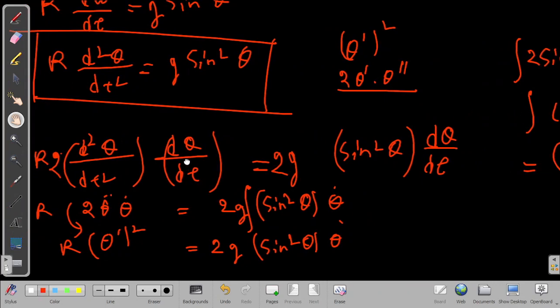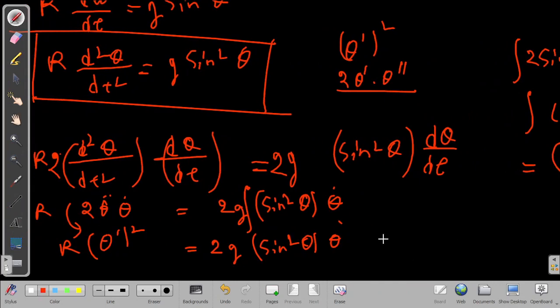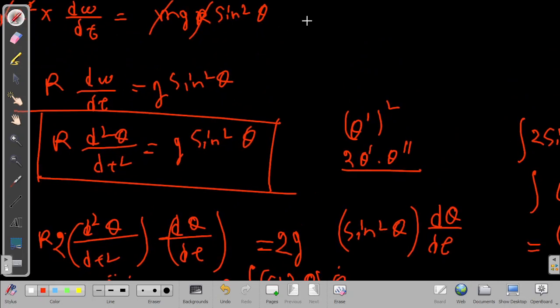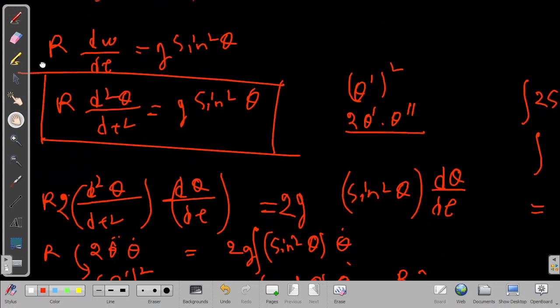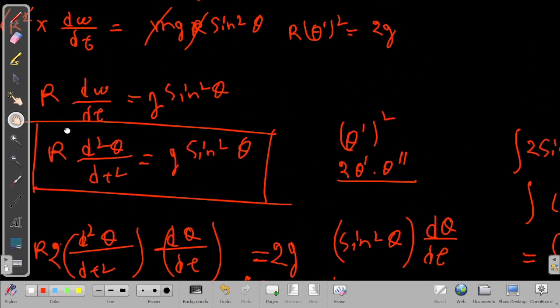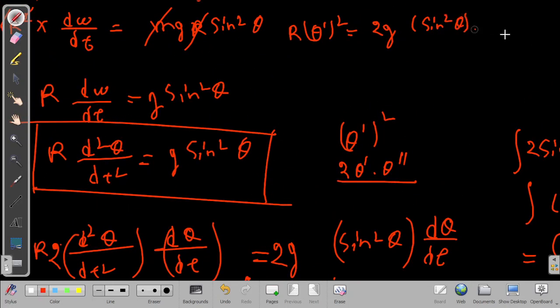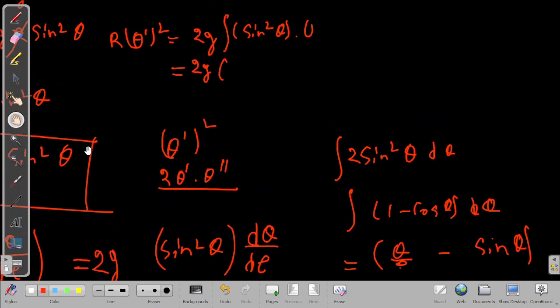Now let us replace this r theta dash square, which is equal to 2g into the integration of sin square theta, with 2g into theta minus sin theta.